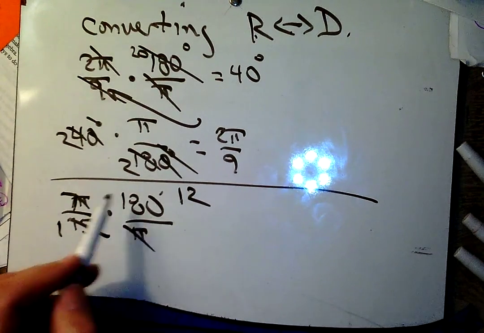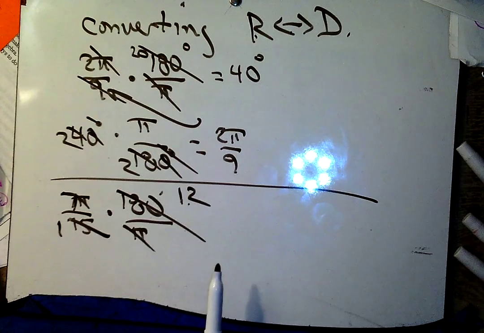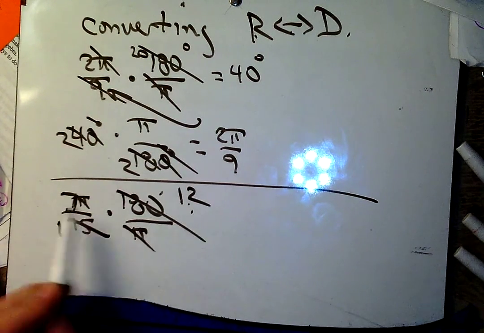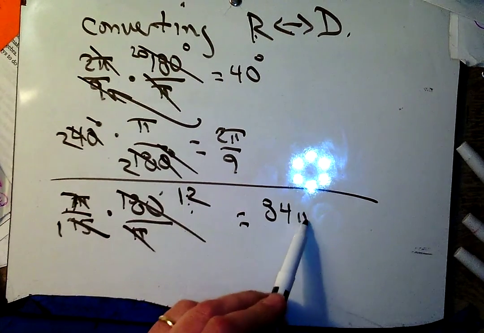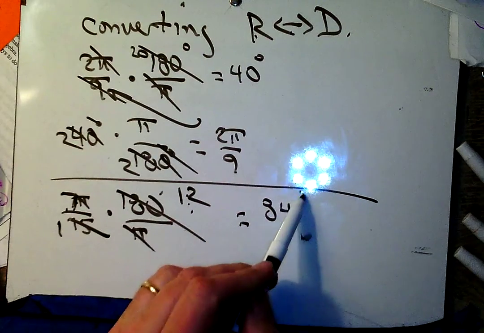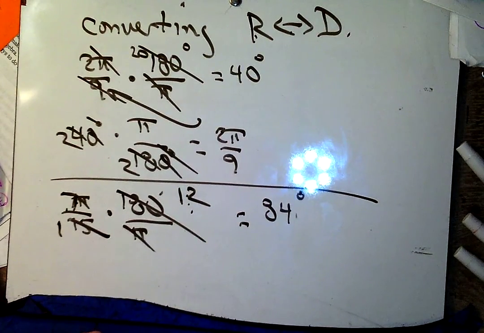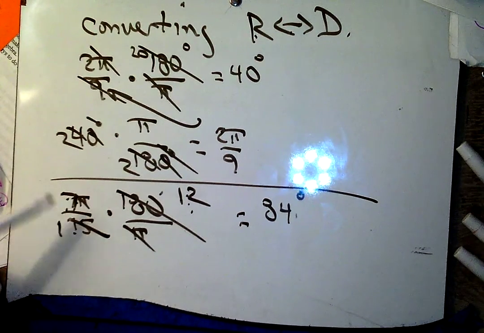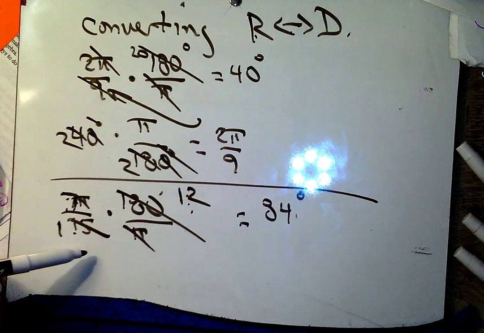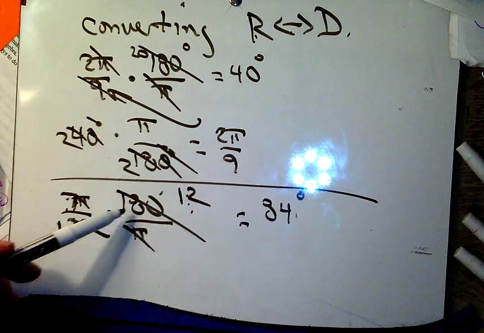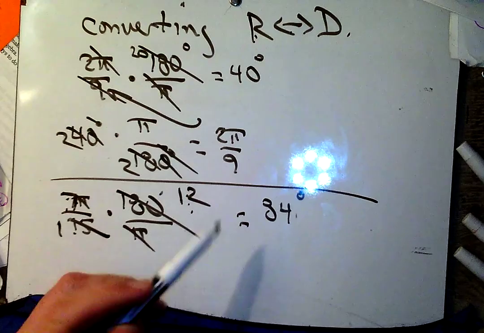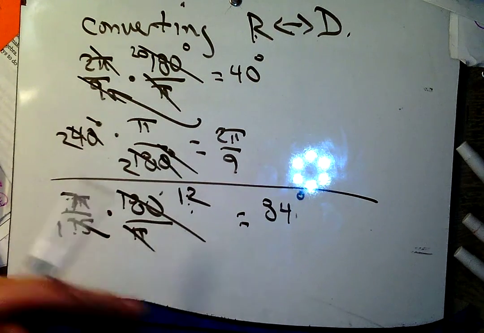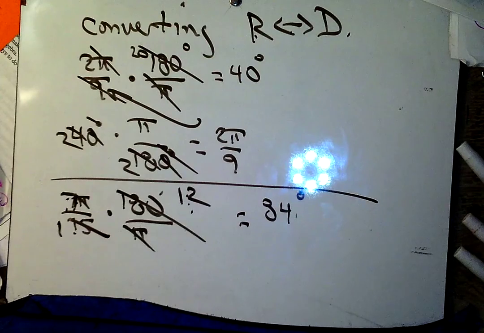Yep, that works. So I'm going to have a 12. I've got 12 times 7, which is 84. The pi's cancel. 84 degrees. Whoa, I don't think I was expecting that. We were talking about 7 pi over 15. That's a bit less than half pi. Okay, sure, I buy that. See, it's good to think about your solutions and their reasonableness.